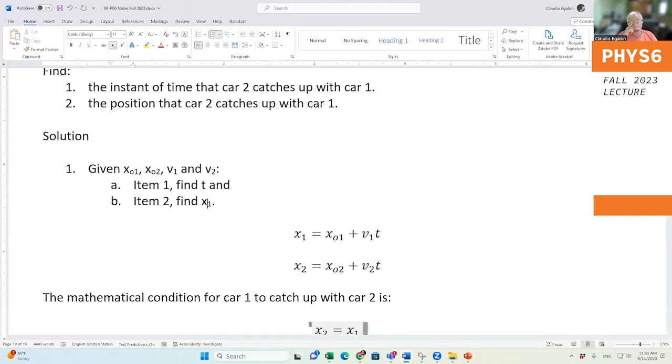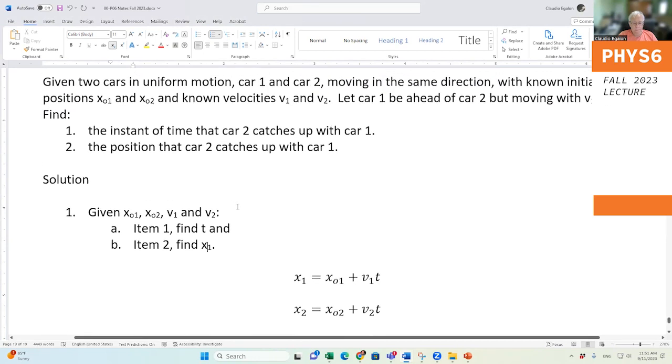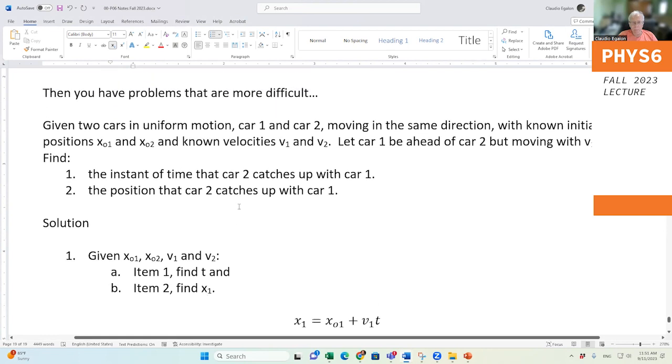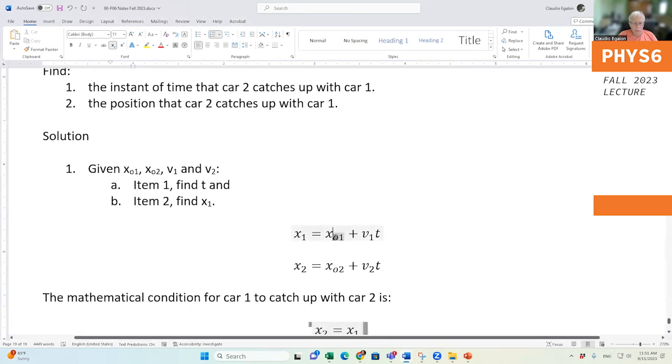Professor, I'm so sorry, but how do I read the velocity? I don't know how to read that. Where are you reading? The equation, x1 equals x naught 1 plus, and how do I read the other one?